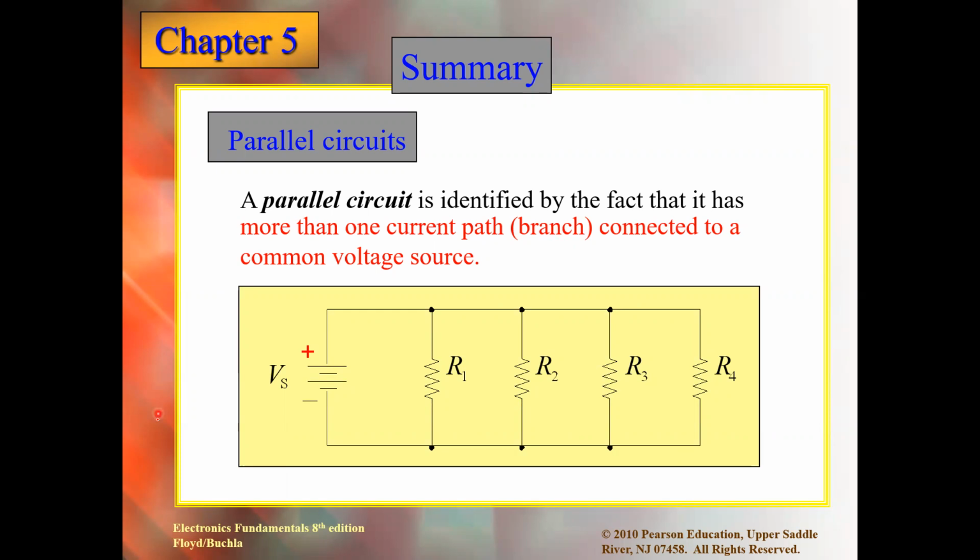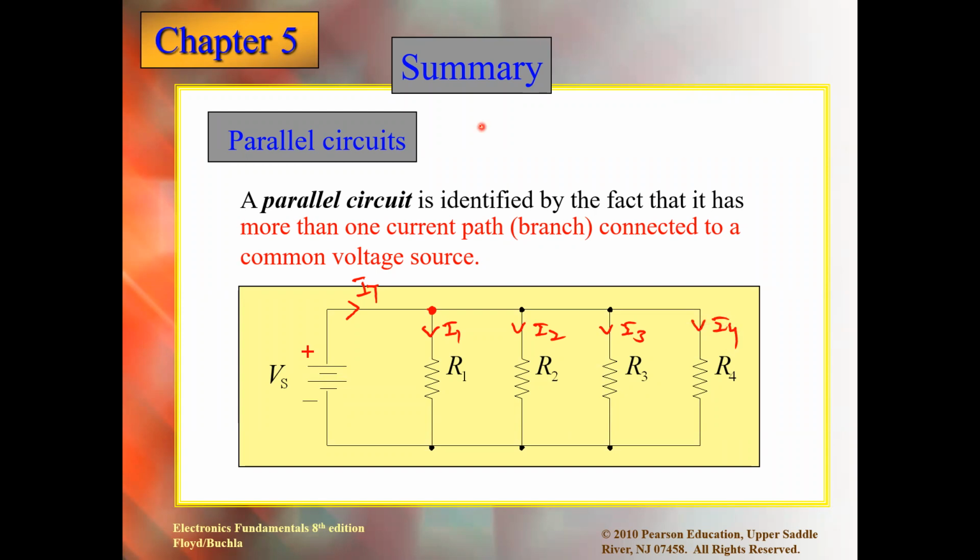Now when we connect this battery here, because of it a current will flow. Let's suppose this is the total current, and this total current will split here. When it reaches here, it will divide into different currents: I1, I2, I3 and I4.